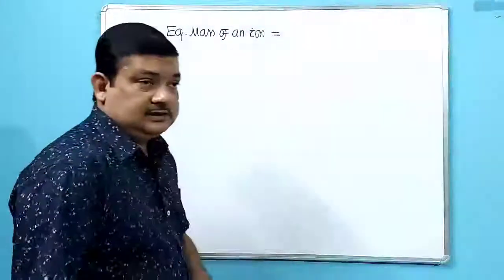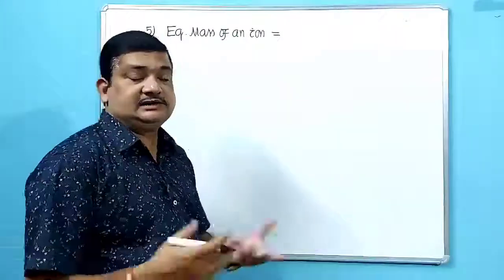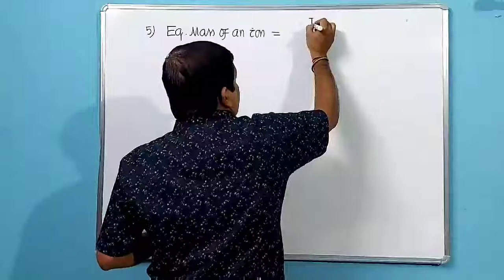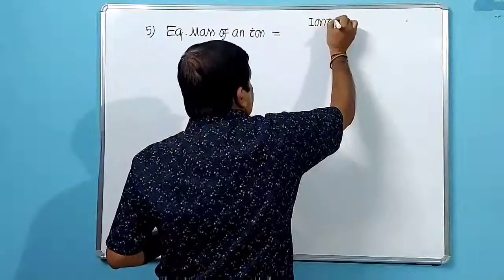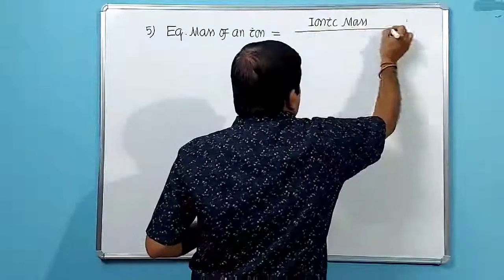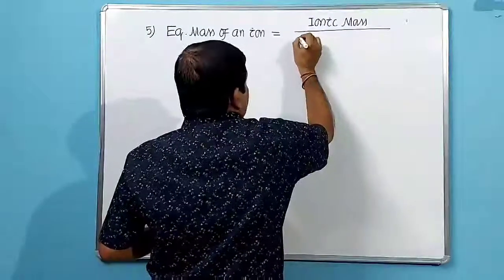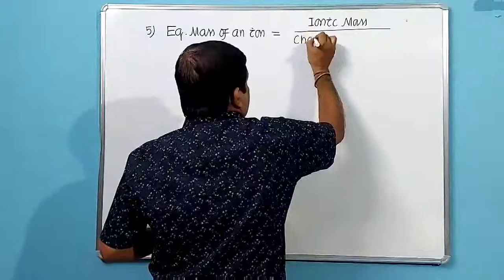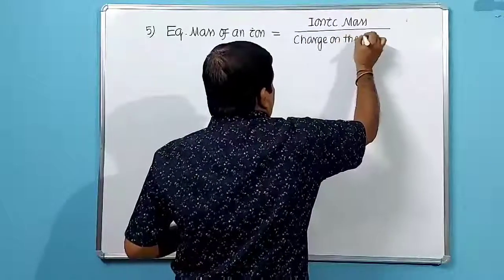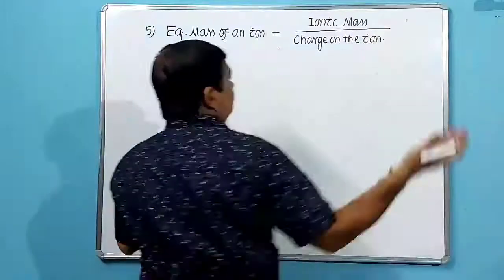Simple formula, like the molecules have molecular mass, ions have ionic mass. So mass of the ion is called ionic mass. So ionic mass, that means mass of the ion divided by valence charge on the ion, charge on the ion or valency of the ion.